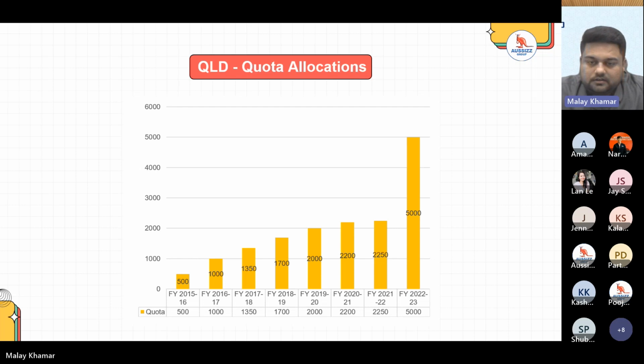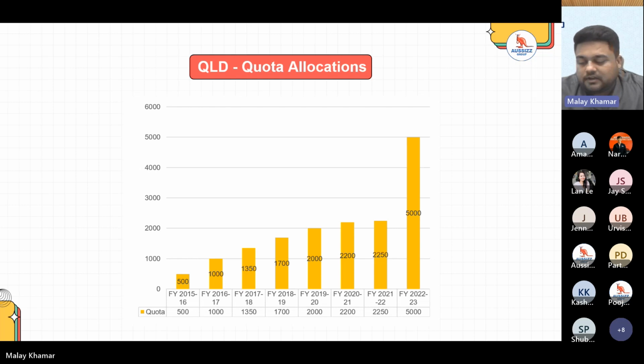In recent years we have seen the highest quota Queensland has received from the Department of Home Affairs, which is 5,000. Out of 5,000, 3,000 was allocated for the 190 subclass and 2,000 for the 491 subclass, which includes the SBO, the small business owner stream.